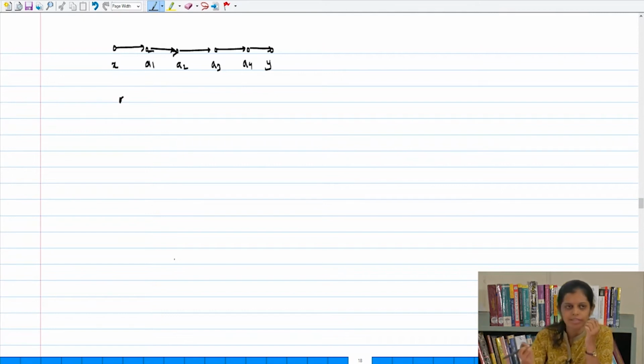So intuitively what this algorithm tries to say is that Dijkstra's algorithm was taking a shortest path and trying to relax all the edges outgoing from that vertex and make estimates about the tentative distance. So let's say this was S, this was U, then it is going to make estimates for V1, V2, V3.